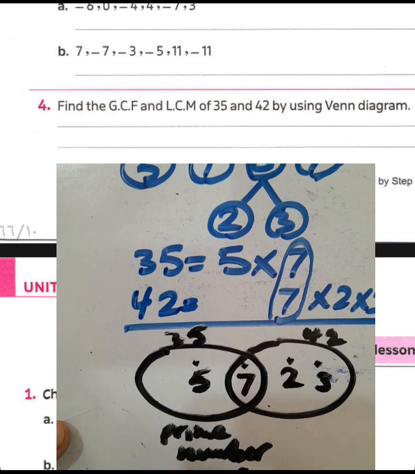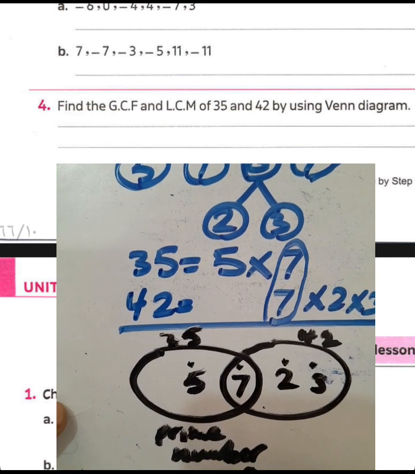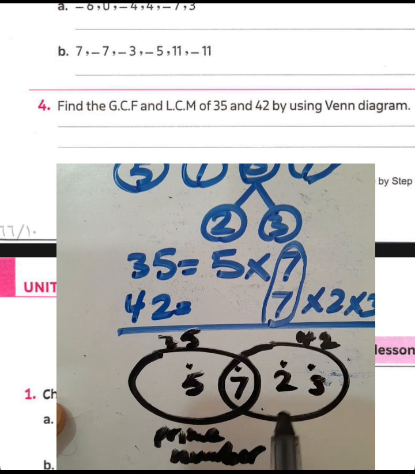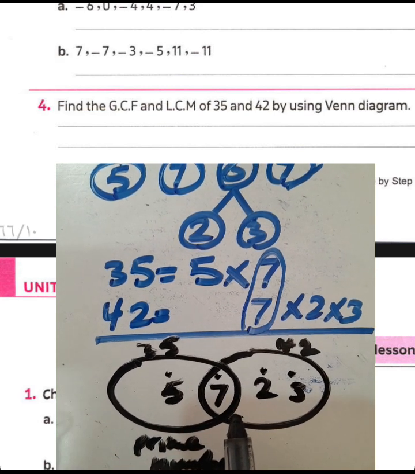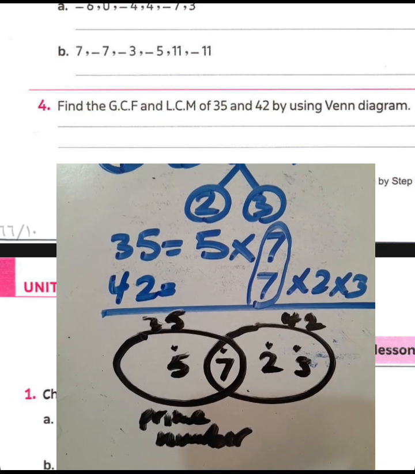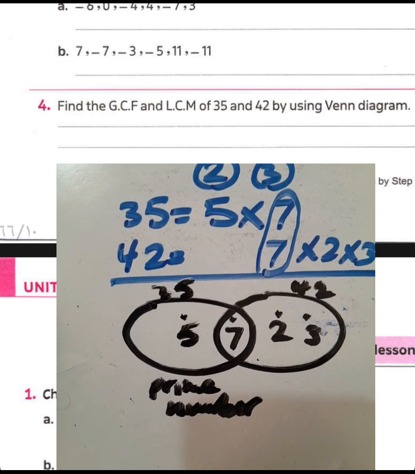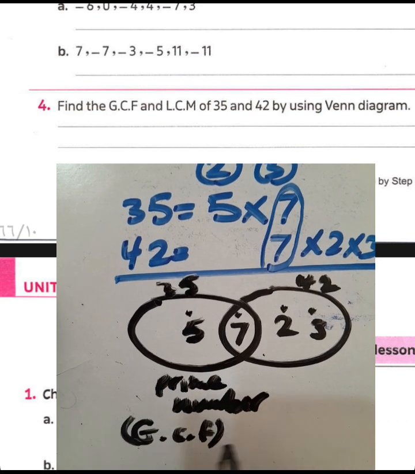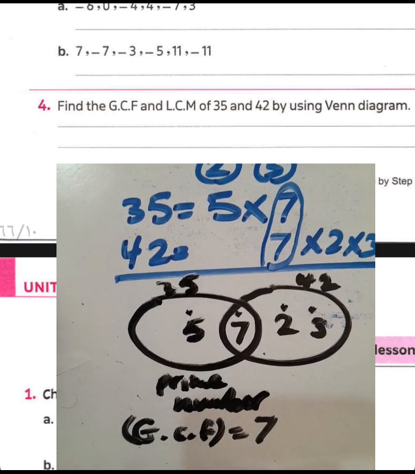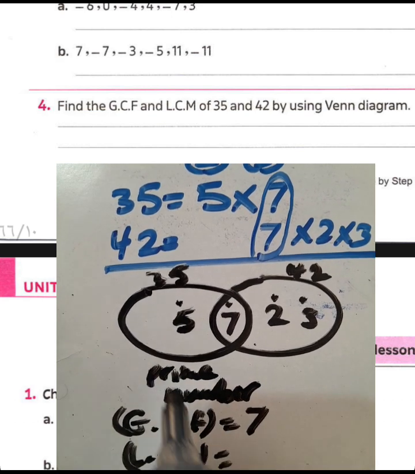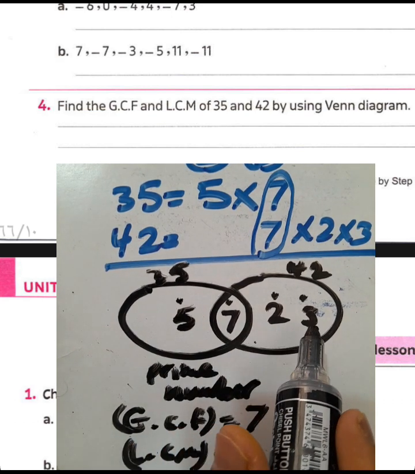Okay, then the least common multiple between them is 5 times 7 times 2 times 3, and the highest common factor between them, it will be what? 7. Okay, right here. Greatest common factor, it will be 7.